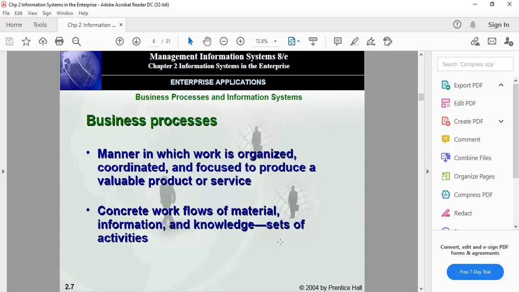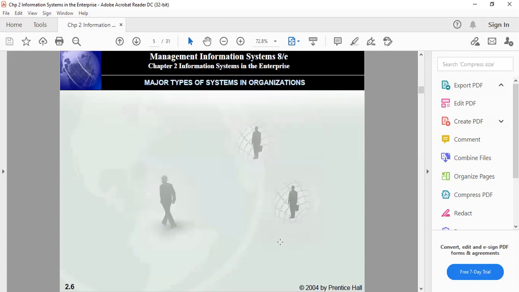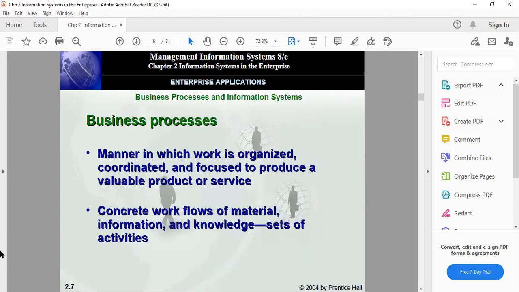Now, what are these business processes that we are going to talk about? These processes deal with the manner in which work is organized, coordinated, and focused to produce a valuable product or service. We're talking here about the procedures, the steps, the conventions, the frameworks, and all.